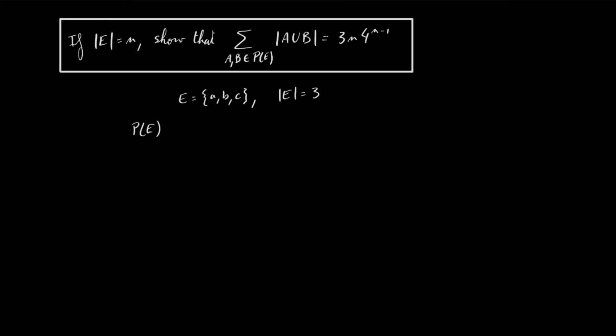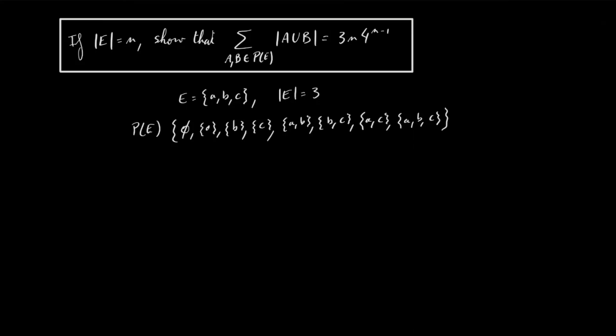So P of E can contain, in that case, the empty set, but also the singleton A, the singleton B, C, but we can also have A and B, B and C, A and C, and finally the complete set A, B, and C.